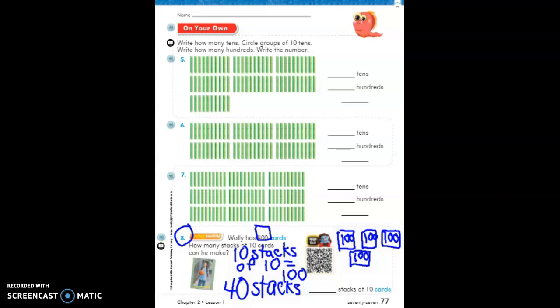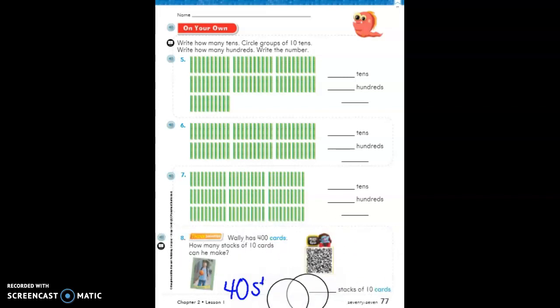And remember, each of those hundreds has 10 tens. So we know this is 10, 20, 30, 40. So that means 40 stacks make 400, with 10 cards in each. Okay? I'm going to clear that, and we're going to do the setup for the next page.